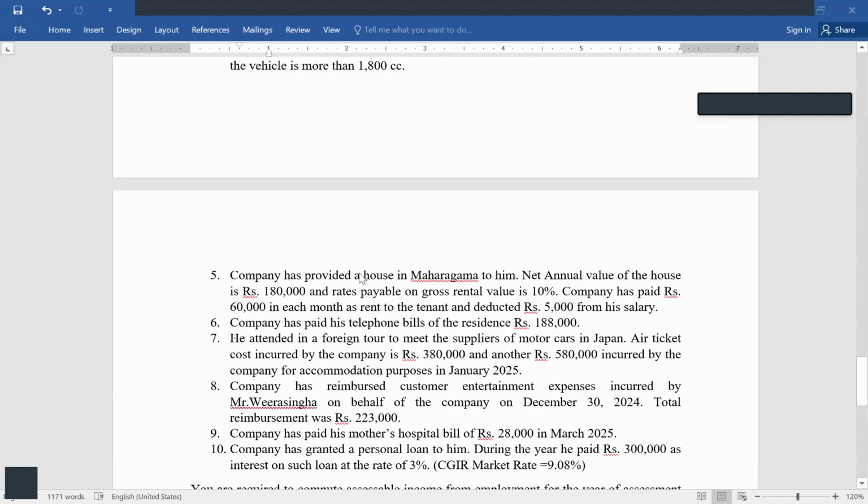Then company has provided a house in Maharagama to him. Net annual value of the house is 180 and rates payable on gross rental 10%. Company has paid 60,000 in each month as rent to the tenant and deducted 5,000 from his salary. So you have given the market value of this house. This is the amount company paid to the landlord, but company owner collected 5,000 from the salary.